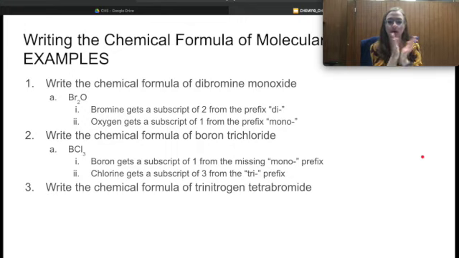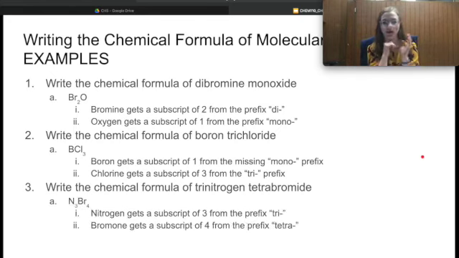And then I have tetrabromide. I have bromide, which is bromine. I have tetra, which is 4. So I've got Br4. Tetrabromide, Br4. So I have N3Br4 in this case. So trinitrogen tetrabromide, N3Br4. Nitrogen gets the subscript of 3 from that tri prefix, and bromine gets a subscript of 4 from the tetra prefix.